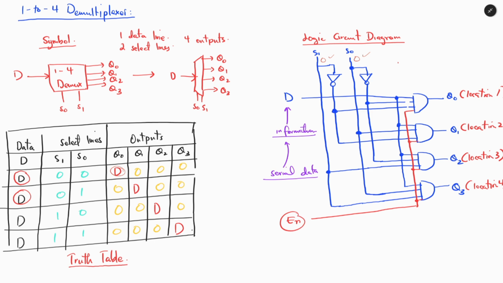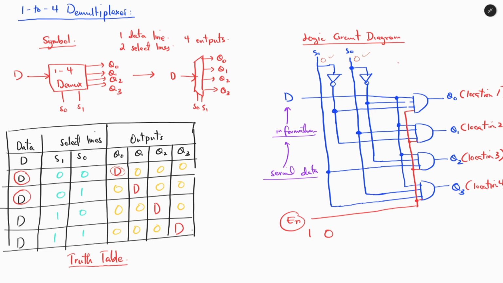When the enable is 1, that means it is activating this demultiplexer so that all the gates will be in operation. And when we apply 0 to the enable, we are disabling all the outputs.